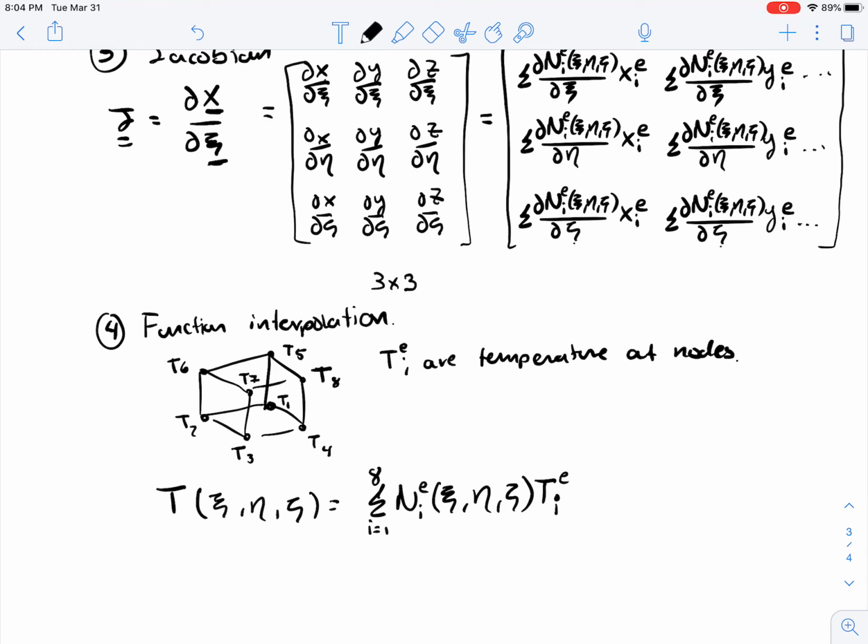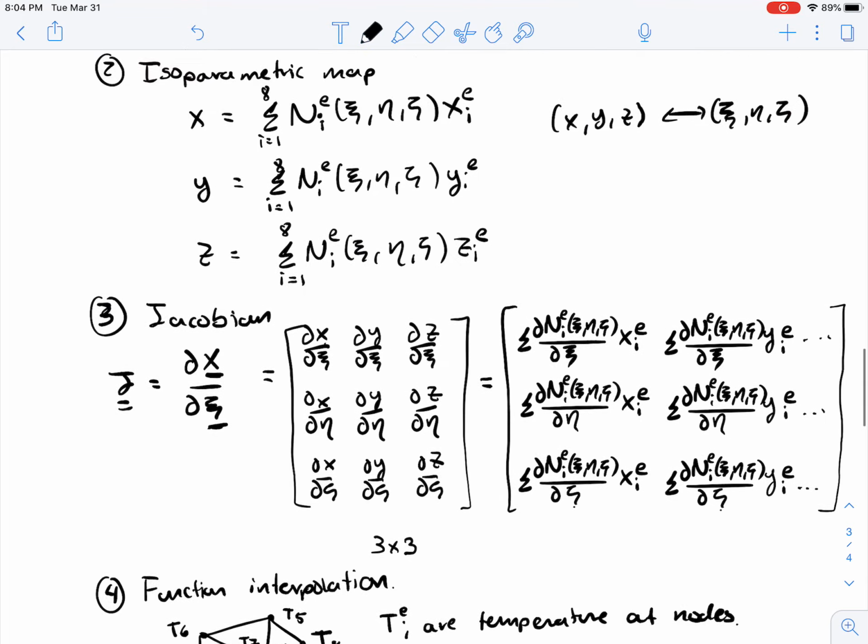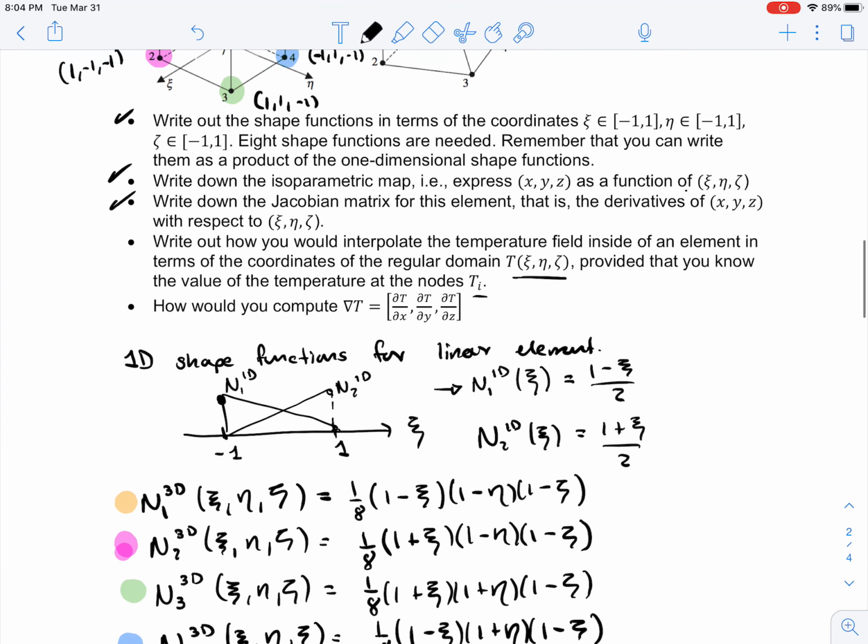If you put in, for example, psi eta zeta equals 0, 0, 0, then you would be evaluating the temperature at the center of the quadrilateral. But you can pick any value of psi eta zeta within -1 and 1, and then you are evaluating the temperature somewhere inside of that cube. So that's how you would evaluate the temperature.